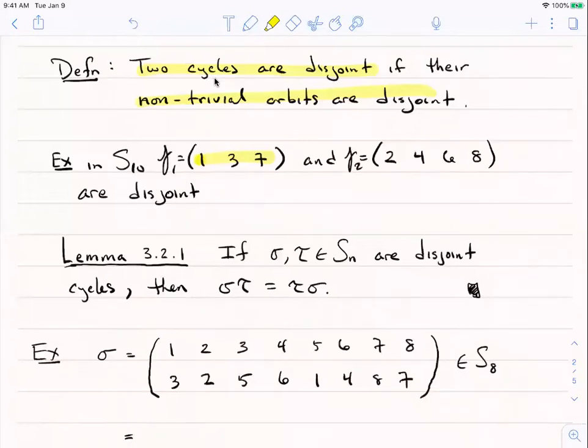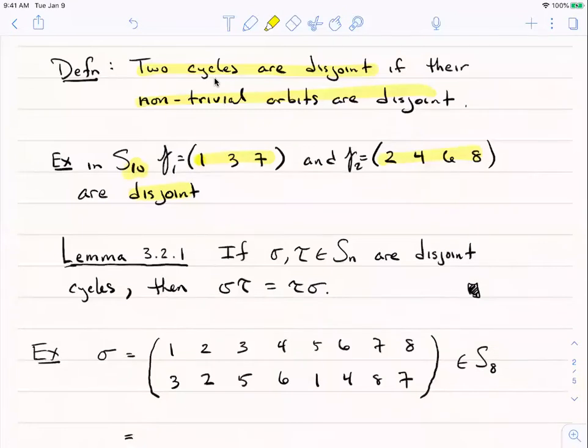So it's understood in S10 that it would fix 2 and 4 and 5 and so on, all the way up to 10. It fixes everything but 1, 3, and 7. Gamma 2 sends 2 to 4, 4 to 6, 6 to 8, and 8 to 2. Notice that no element, quote unquote, moved by gamma 2 is moved by gamma 1 and vice versa. So that's what I mean by they're disjoint.